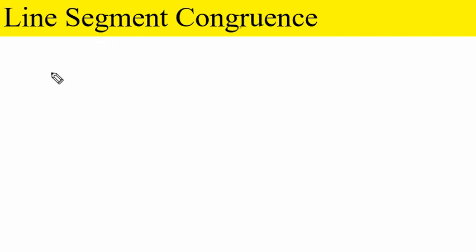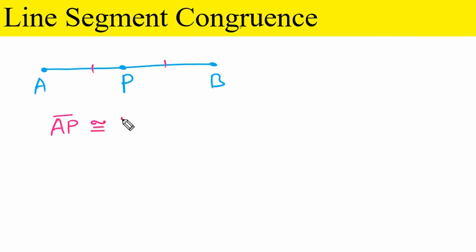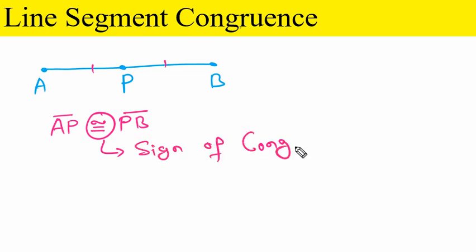Now what about line segment congruence? For example, if you have a segment AB and here you have a point P. Now if I say that segment AP is congruent to segment PB, this is the sign of congruence.